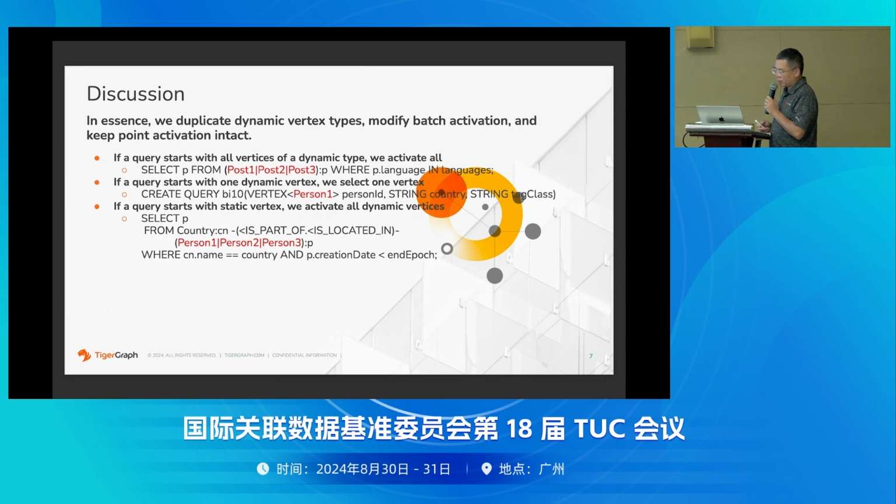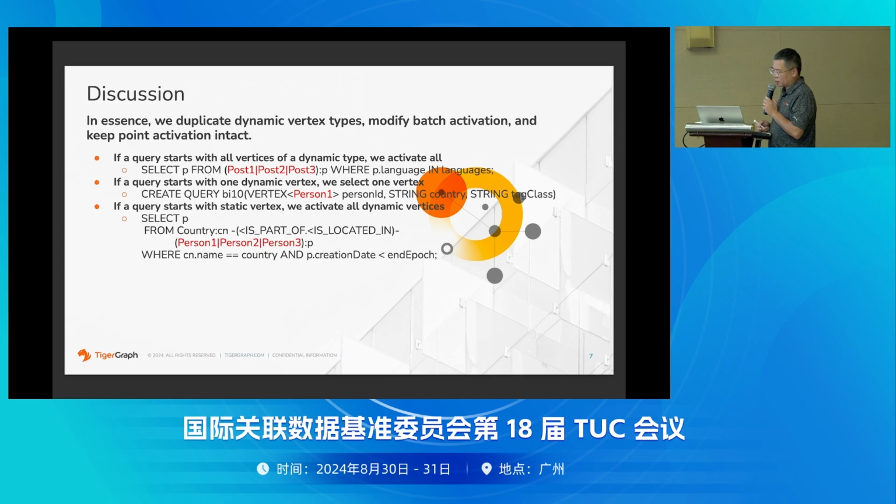And for point queries, we actually don't change anything, and I will give a detailed example later. For example, if a benchmark query in the LDBC benchmark starts from all the posts, instead of starting from post 1, which is the original clone of the dataset, we start from all 3 duplicate post containers: post 1, post 2, post 3. The 3x dataset gets activated from this query.